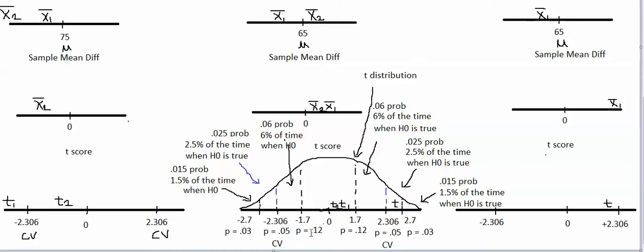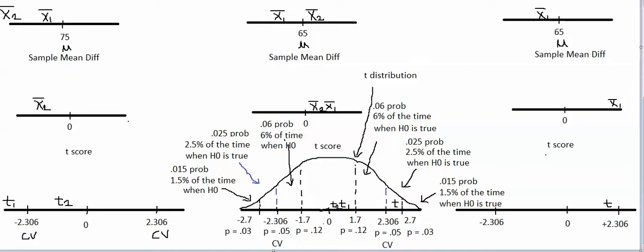So the p-values actually come from the shape of the t-distribution, because out here they only happen 5% of the time, out here they only happen 3% of the time. Same thing here.